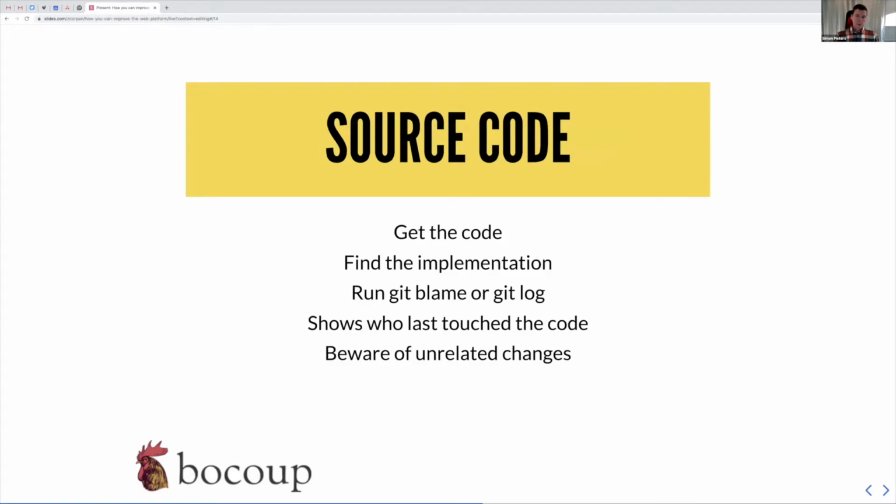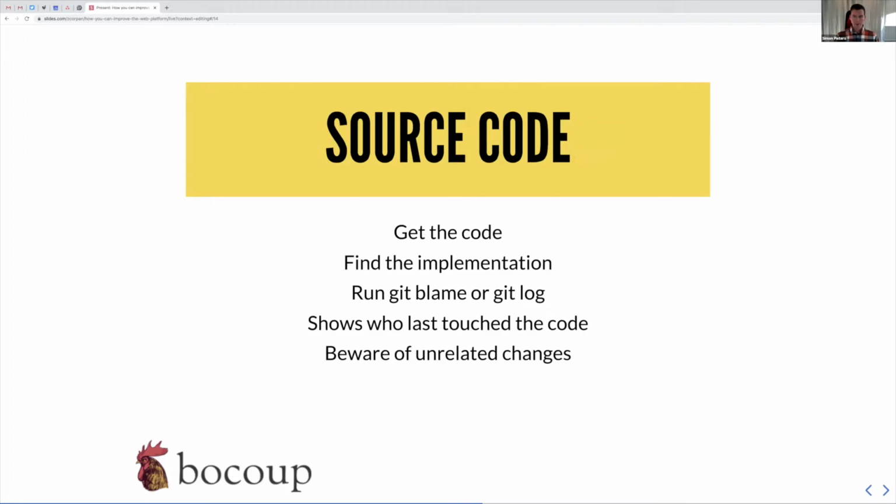One approach to finding a person behind the code is to get the code and then find the implementation of the feature that you're interested in. And depending on if the project uses Git, or I think Gecko uses HG, but the principle is the same, you look at the version history to see who has touched the implementation.